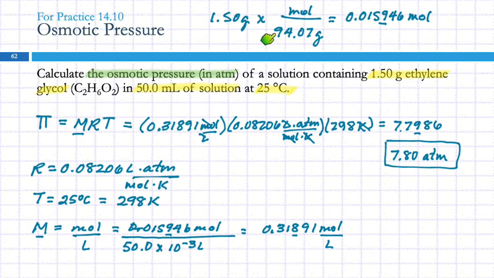You're saying this is 62? 62.068. The 2 times 12 and 6 times 1 and 2 times.